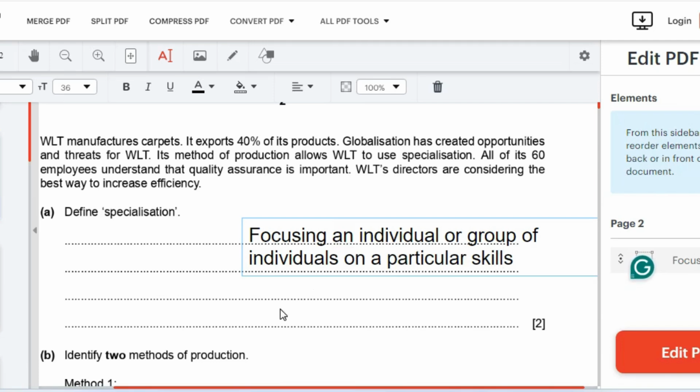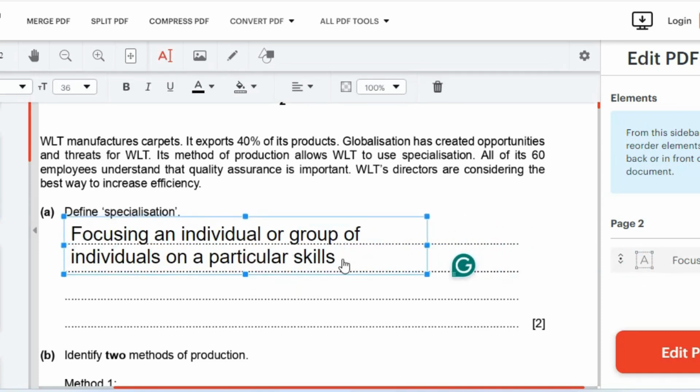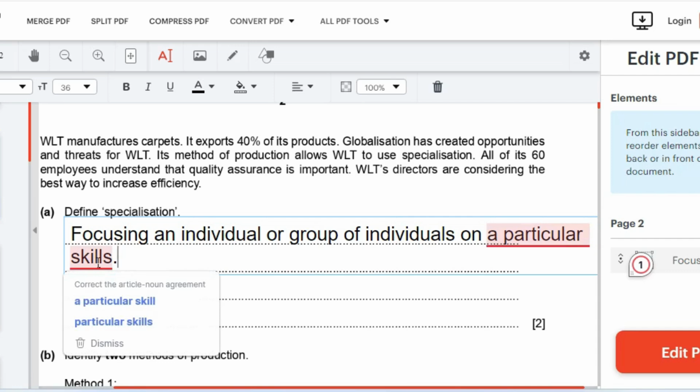Of course, you can also define it as this. After all, you can put when the business concentrates on what they are best at, or the way in which work is divided so each worker can concentrate on a particular skill.